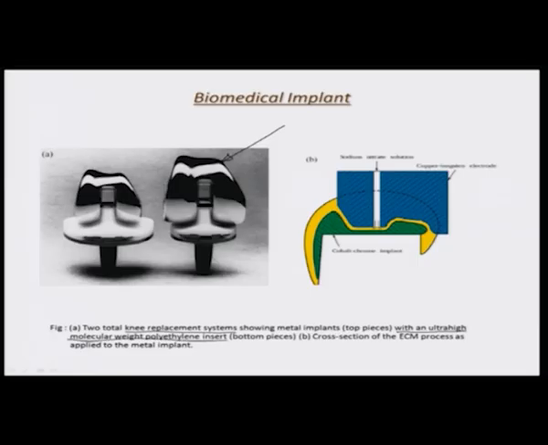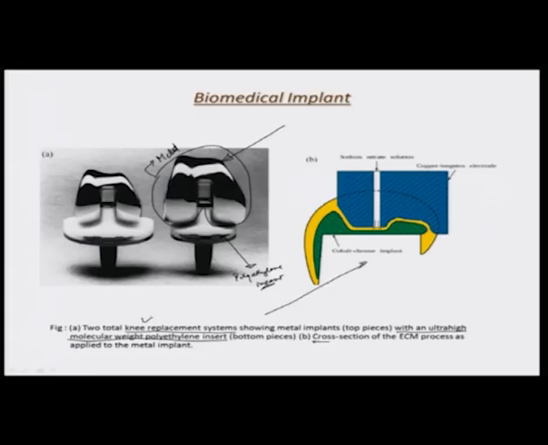The bottom piece here is that insert, polyethylene insert, okay, and this portion here, the top portion, is the metal, and you can think of the kind of complexities that ECM process can handle if it can do proper finish machined surfaces in case of knee replacement like this.